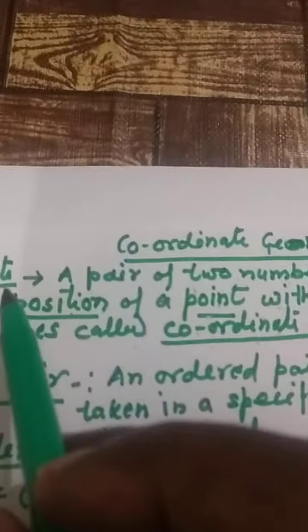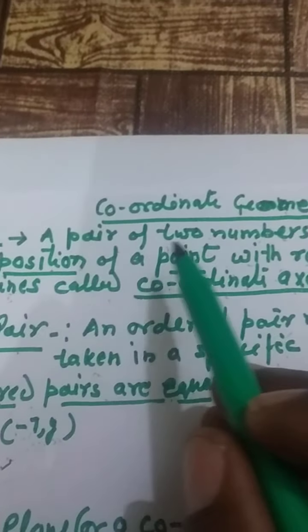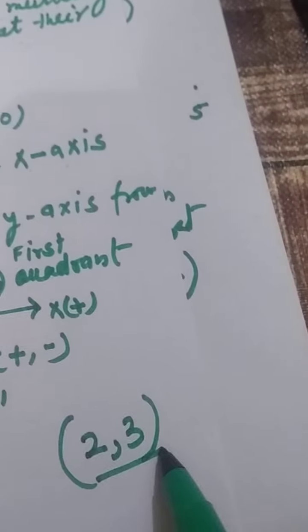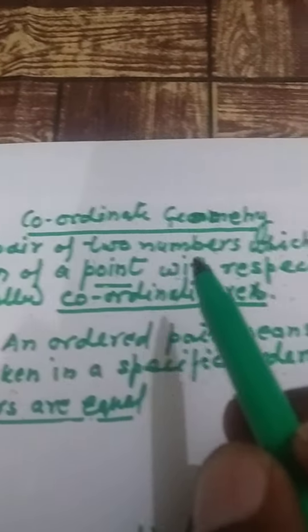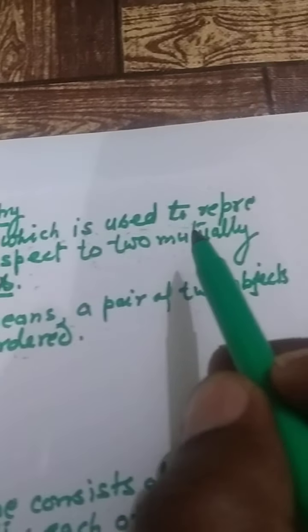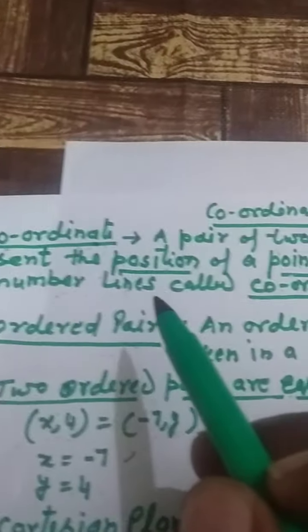Now come to this point: coordinate is a pair of two numbers. Here see, this is a pair of two numbers, which is used to represent the position of a point with respect to two mutually perpendicular number lines called coordinate axes.